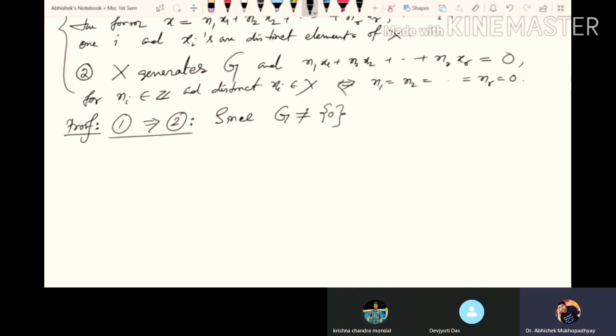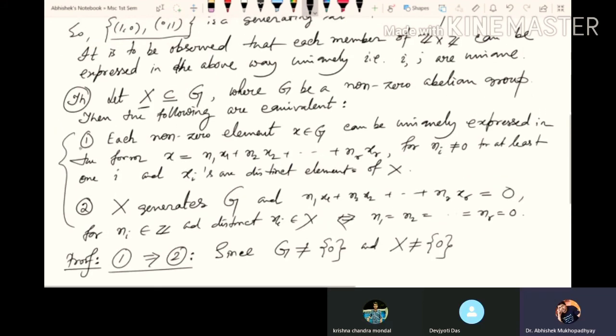So it is a non-trivial group. And X is also not equal to 0, because 1 holds.